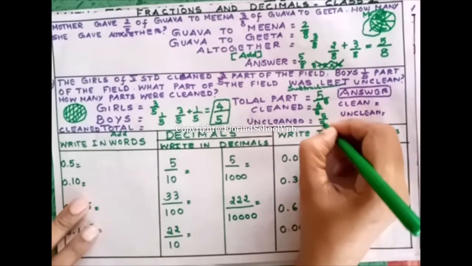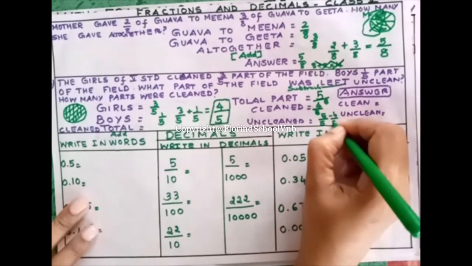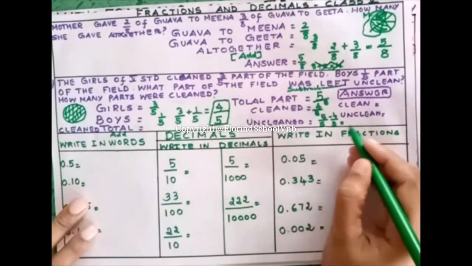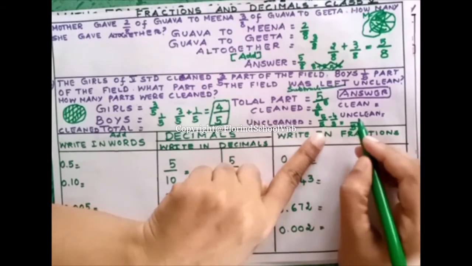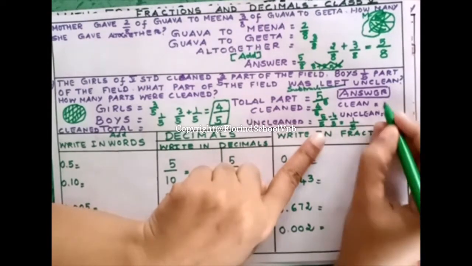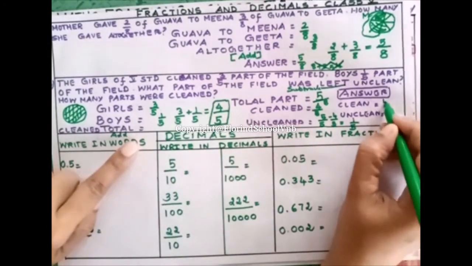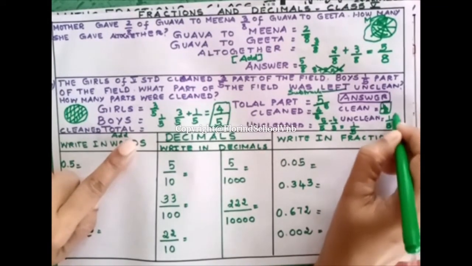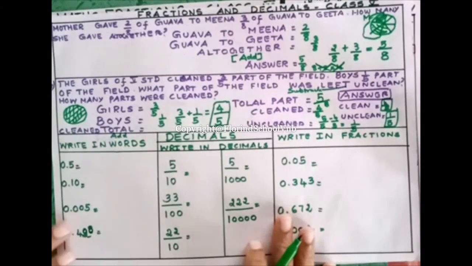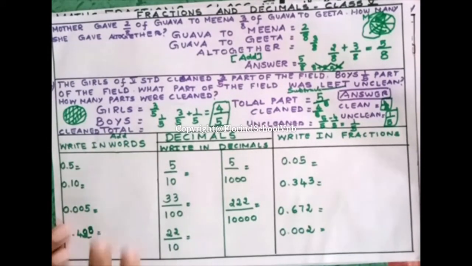Subtract 5 by 5 minus 4 by 5. The denominator should be as such. 5 minus 4, 1. So how many is cleaned one? 4 by 5 parts cleaned. 1 by 5 unclean. Okay. Clear?